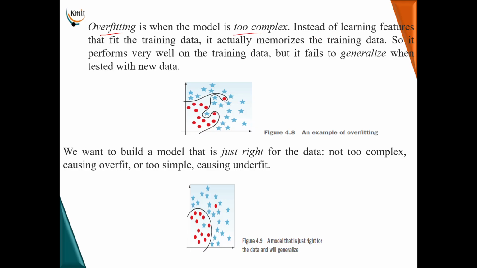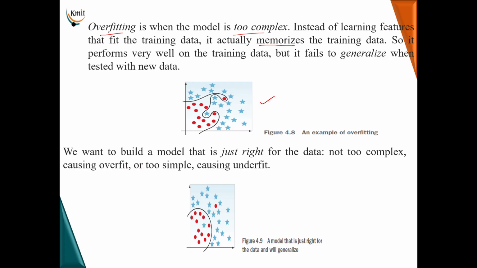So when complex data is provided, instead of learning, the model will try to memorize the entire training data. As it is memorizing but not learning, it will perform well on this training data but will fail to generalize when tested with new data. So here the model is trying to capture or memorize all the data points which are provided for training.